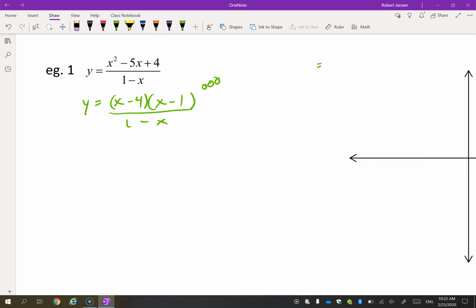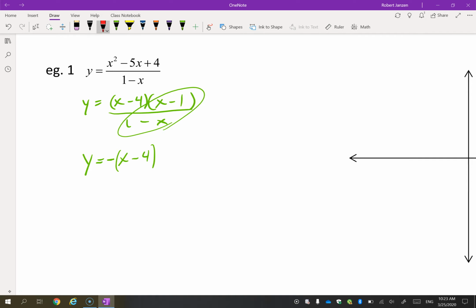If I look at this question then, and I see this, I'm going to say that cancels out. So I'm left with y equals x minus 4, and there's a negative 1 here, but I'm just going to put that negative 1 in front, like this. Now hopefully that makes sense to you. So what's happening then?